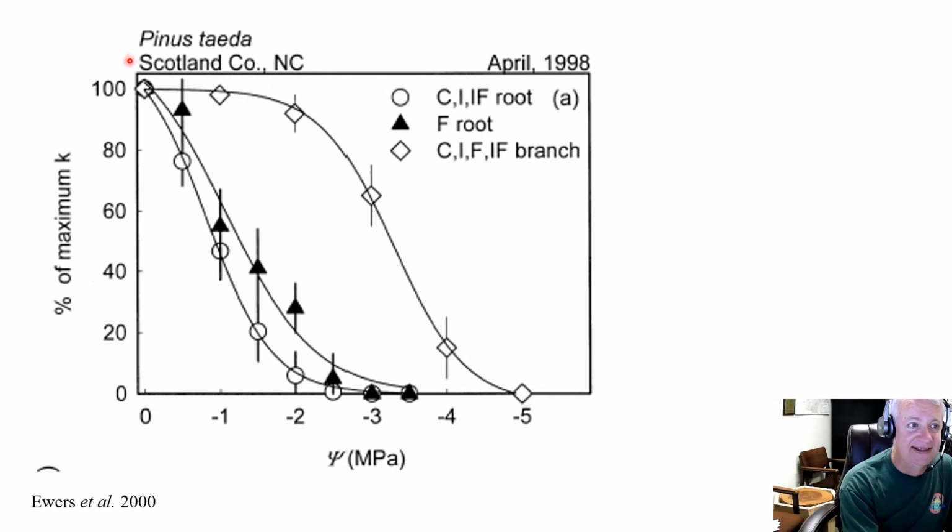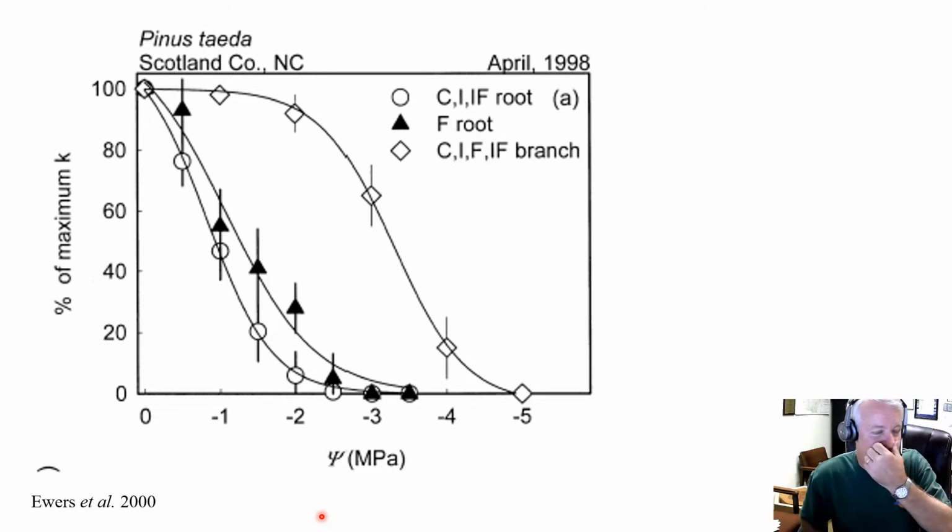So this is 100% conductivity, and as we go down on this axis, that's loss of conductivity. So when we go towards more negative water potentials, the loss of conductivity is shown by a reduction in the y-axis. So basically, we've flipped the y-axis and also flipped the x-axis relative to the last graph we looked at. So you have to do some mental gymnastics in interpreting some of these curves.